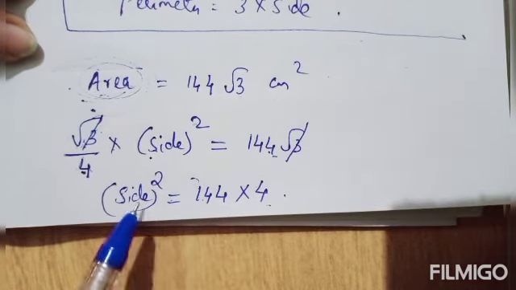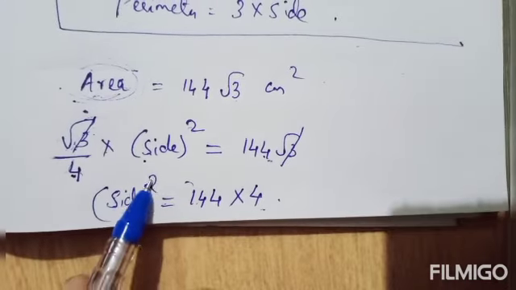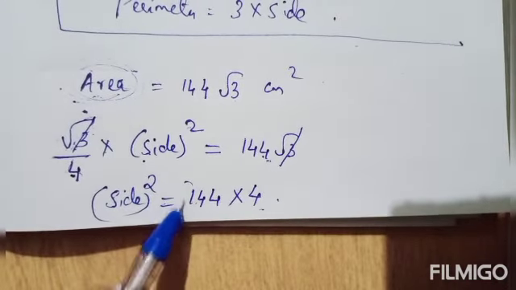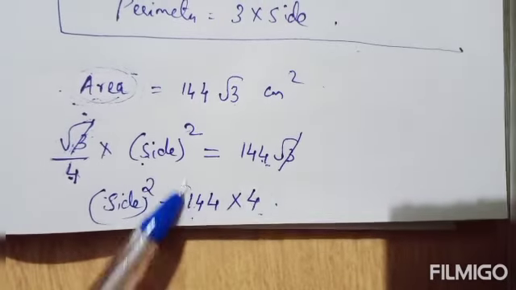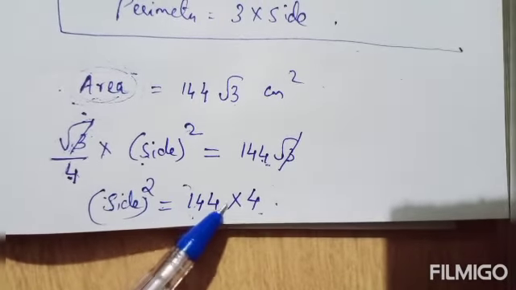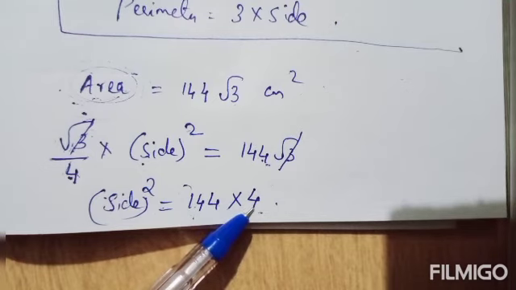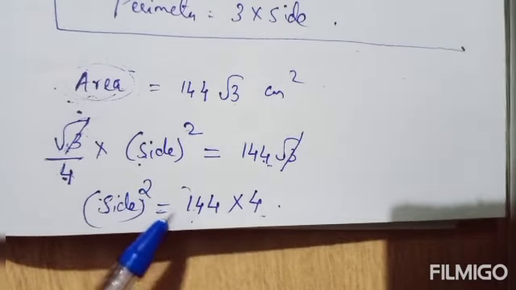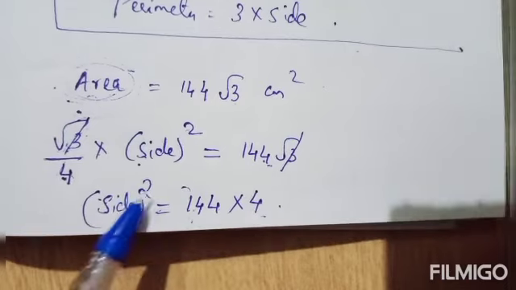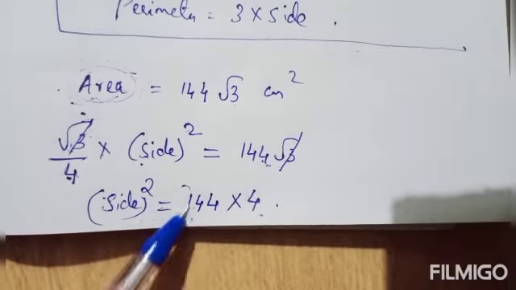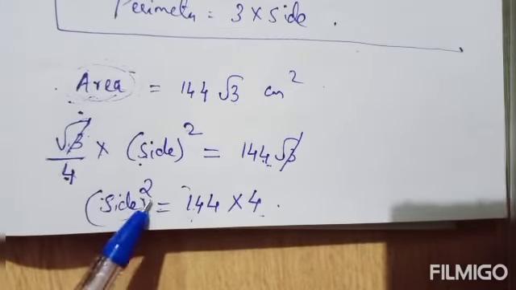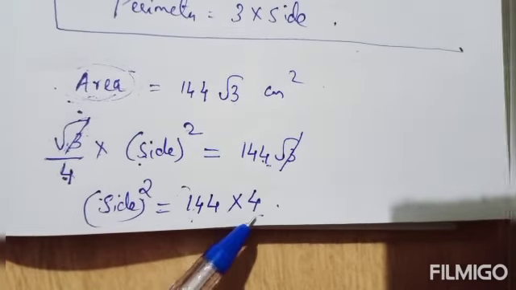From this, how can you find the side? Square on taking to the other side, it will be root. So side equal to root of 144 into 4.